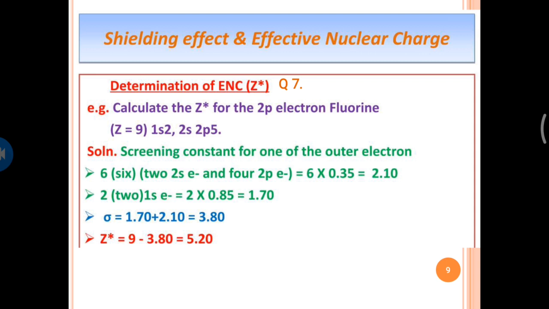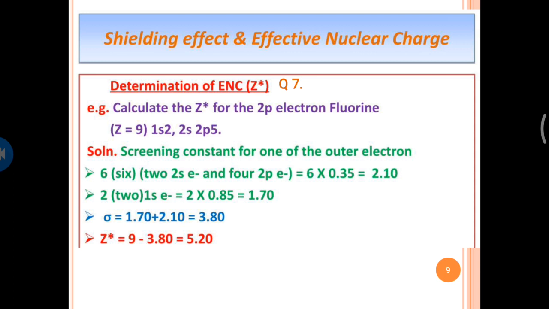What is the atomic number of fluorine? It is 9, so 9 is the nuclear charge, and the effective nuclear charge is reduced to less than 9.